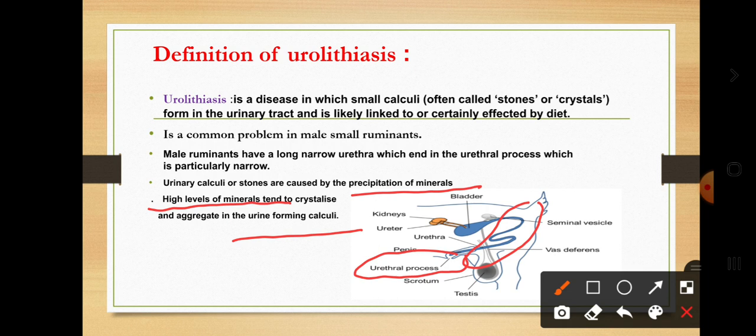The goat urinary tract consists of two kidneys here and the ureters, which are small tubes that drain urine from the kidneys into the bladder. We have the bladder, of course, here, where urine is stored, and we have a long narrow urethra, and at the end of it we have the urethral process.